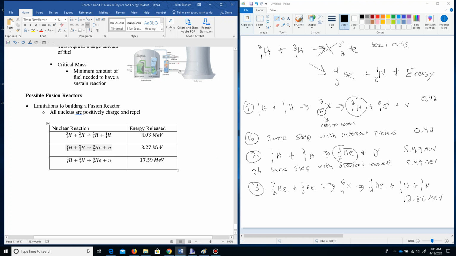You can also use it to get a helium plus a neutron, or to get a helium atom specifically plus a neutron, which releases the most amount of energy. Those are possible ways they could start to think about building a fusion reactor.